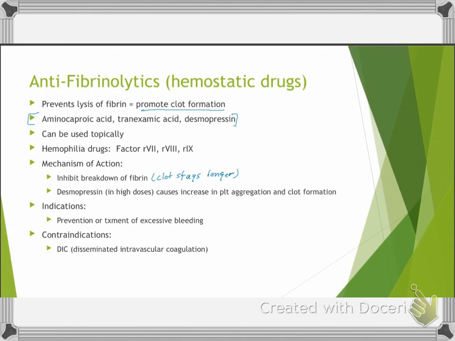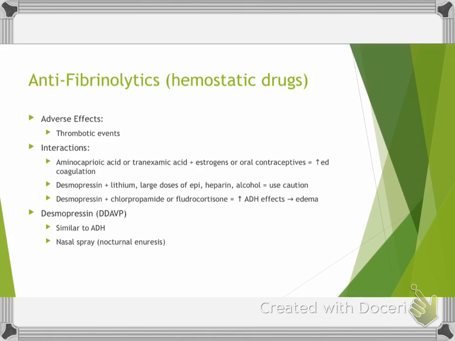It forms lots of little clots, quickly depletes the factors, and causes you to bleed out. So, more hemostatic drugs, so they promote clot formation. So, adverse effects, it can cause a thrombotic event, which would be like a stroke, an MI.